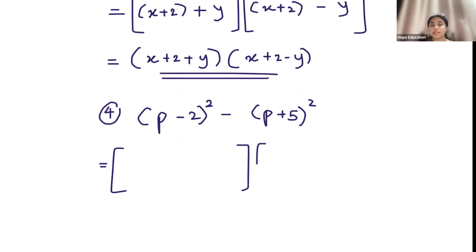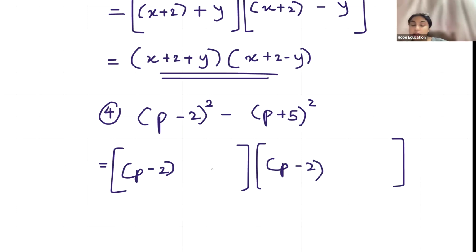The other P minus 2 I put in the other bracket. From P plus 5 squared, one P plus 5 I put in one bracket. The other P plus 5 I put in the other bracket. For the middle, in one bracket I put plus, for the other bracket I put minus.